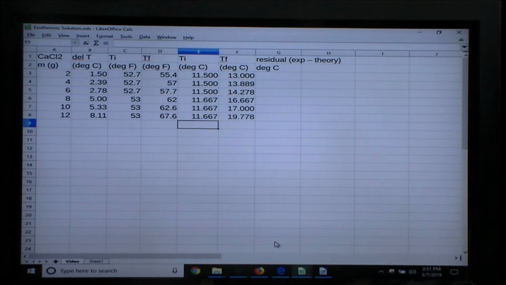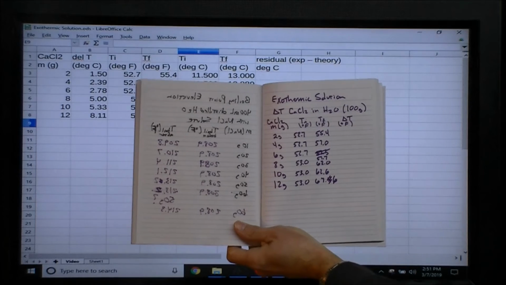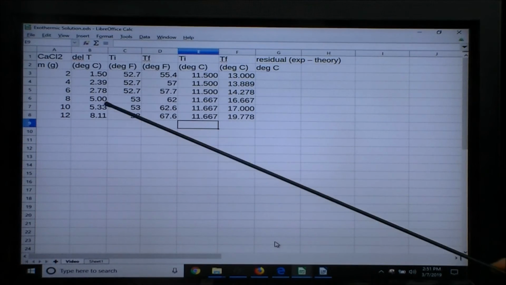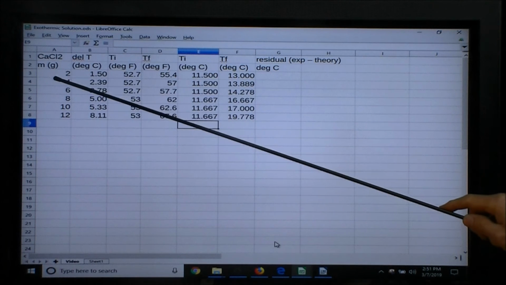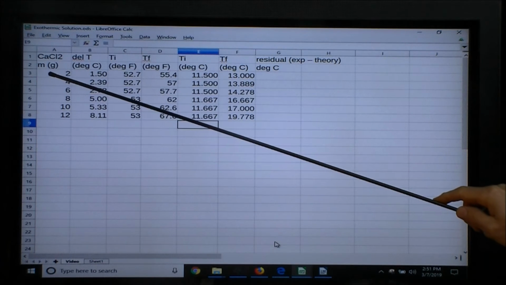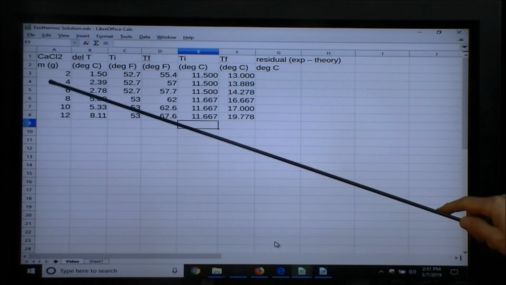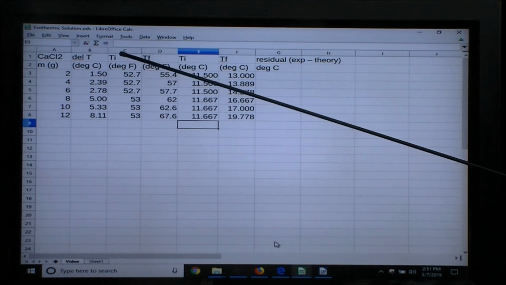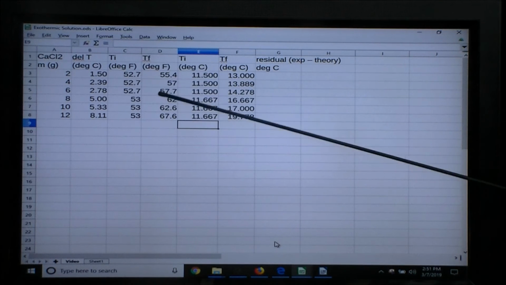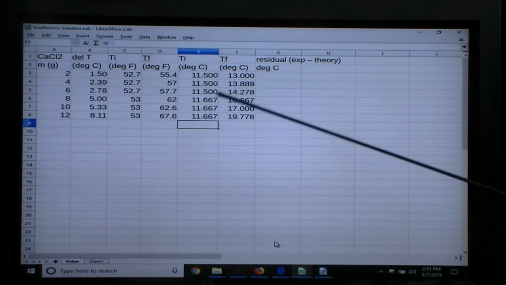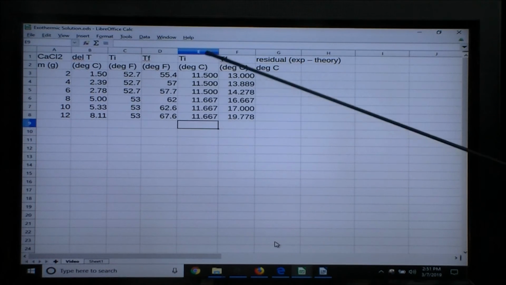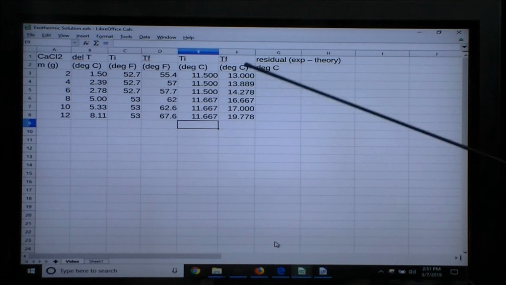Okay, well here is the spreadsheet we're working on with our data from the exothermic solution experiments. And all we've done, a lot of spreadsheets in earlier labs, is we've got the independent variable, which is the mass of the calcium chloride in this column. We've got our original measurements for the initial and final temperatures in these two columns. And we use these two columns here to convert the temperatures from Fahrenheit for the initial temperatures to Celsius and for the final temperatures.